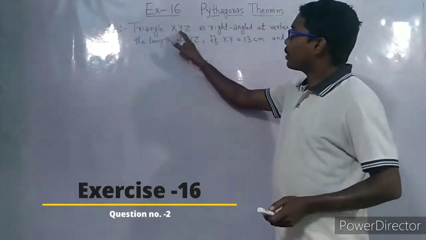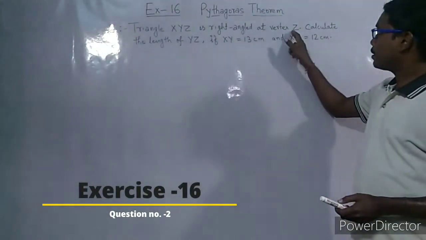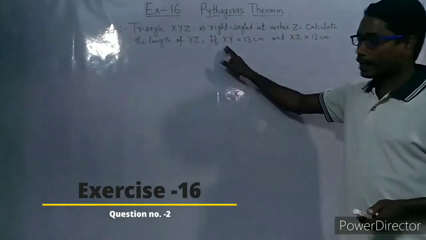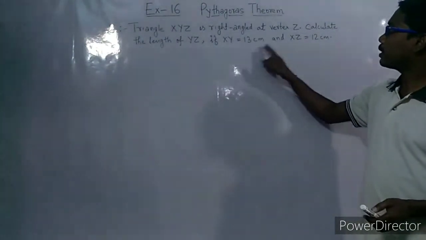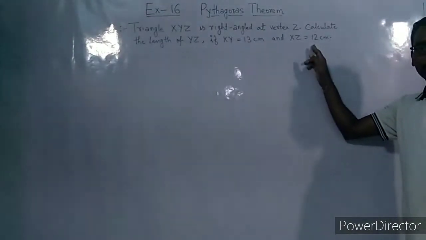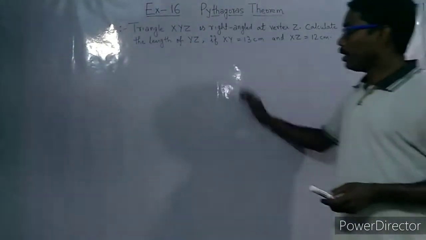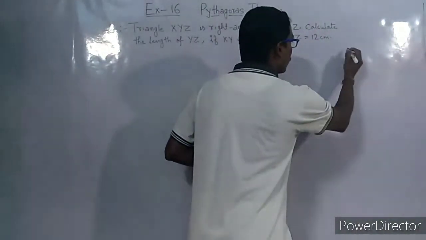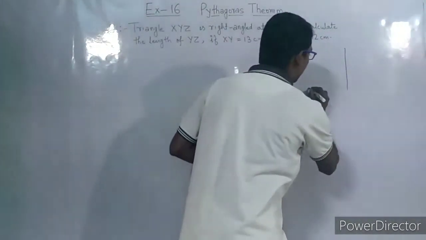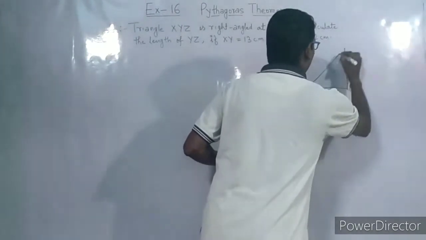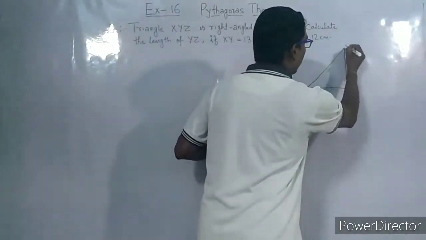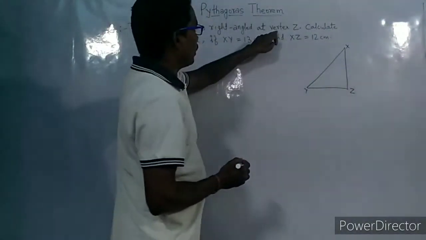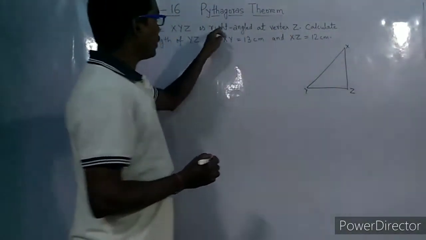The triangle XYZ is right angled at vertex Z. Calculate the length of YZ if XY is equal to 13 cm and ZX equal to 12 cm. Like previous sums, we will draw one right angle triangle like this. We will mark X, Y, Z, and Z is the vertex where it is right angle.